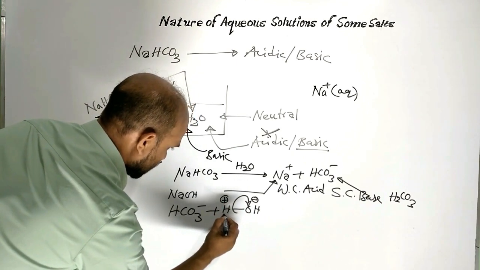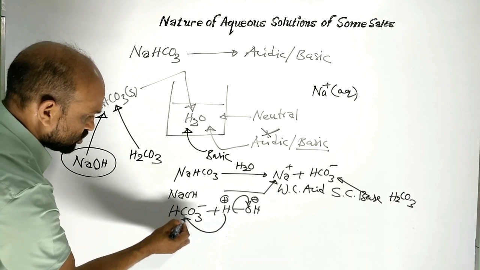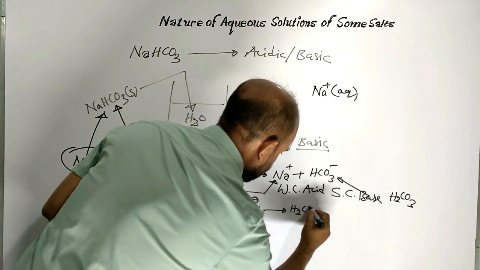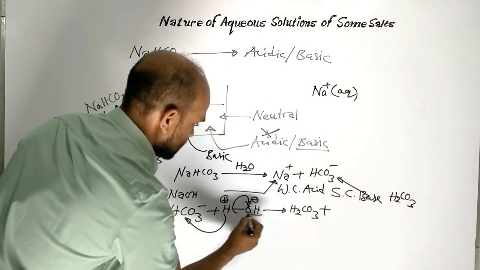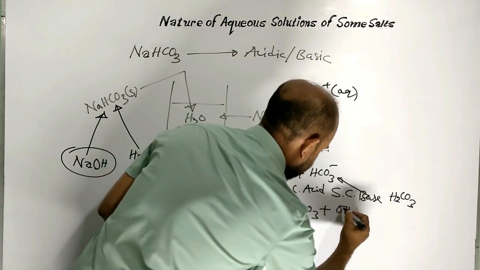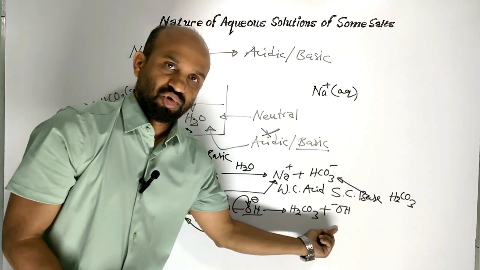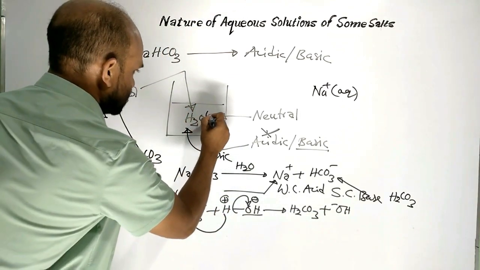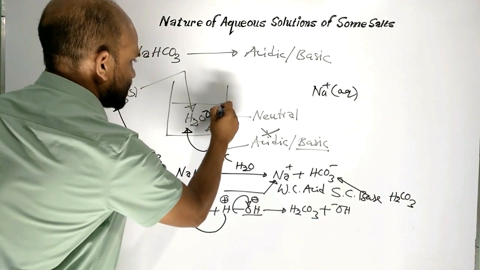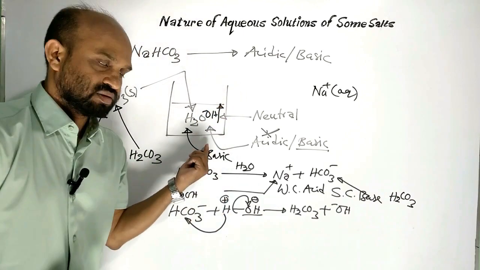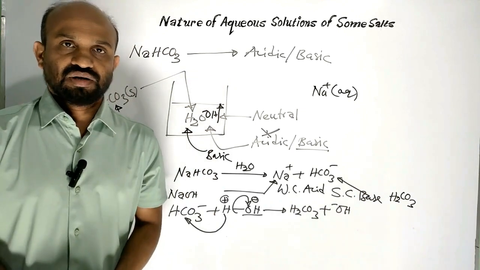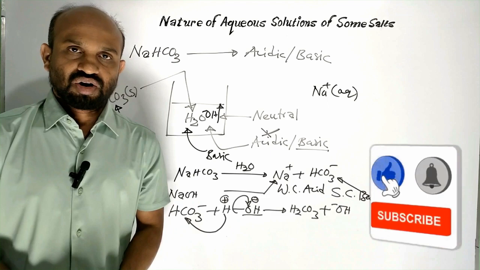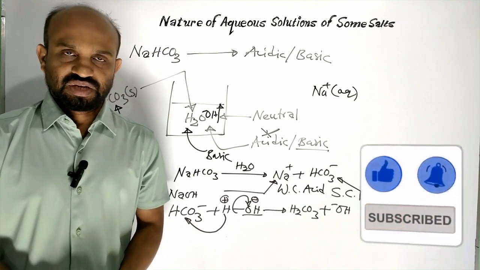This positively charged hydrogen combines with bicarbonate ion to form carbonic acid, and hydroxide ion gets removed. In this way, in the solution, the concentration of hydroxide ion increases. That results in the basicity of the solution. That is, the solution of sodium bicarbonate is basic in nature.